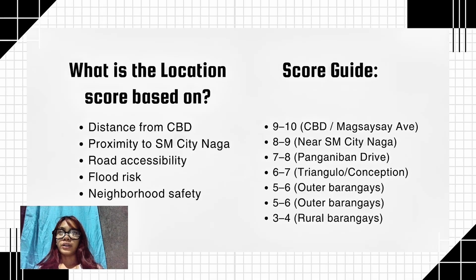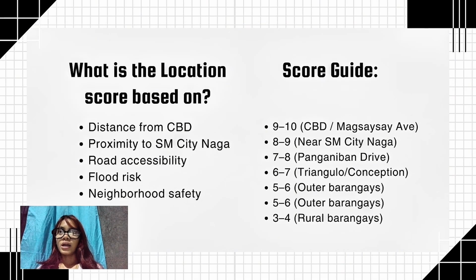The location score ranges from 1 to 10 and is based on several factors such as distance from the city center, proximity to key places like SM City Naga, road accessibility, flood risk, and neighborhood safety.